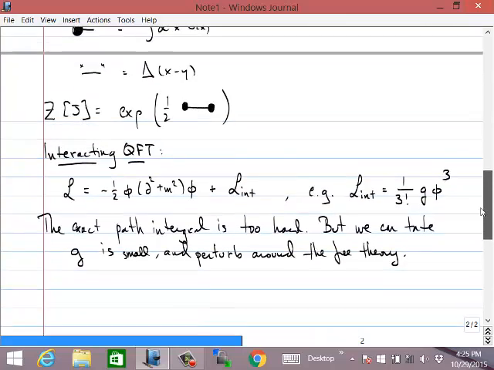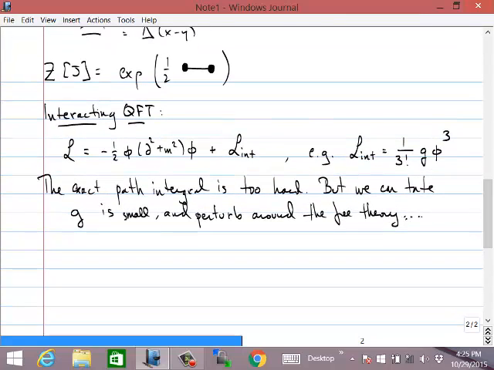So, how would we imagine computing this path integral? So, this path integral Z of J, when g is very small. So what is that? I'll just write it down for you. So it's an integral d phi of the exponential of i times the integral d^4x of our free Lagrangian.